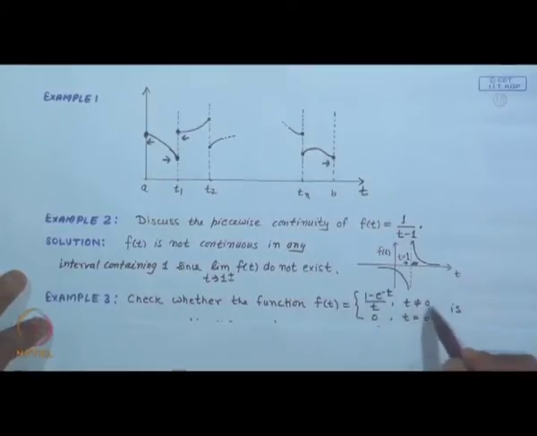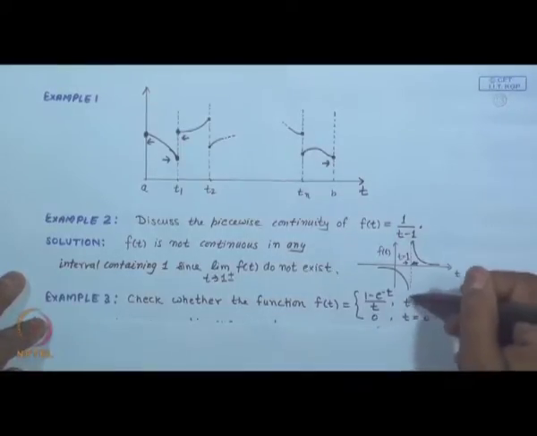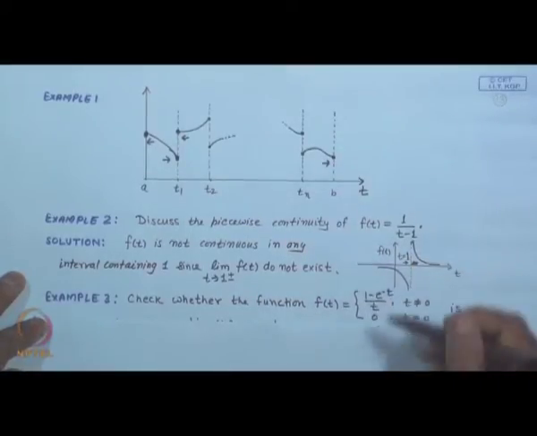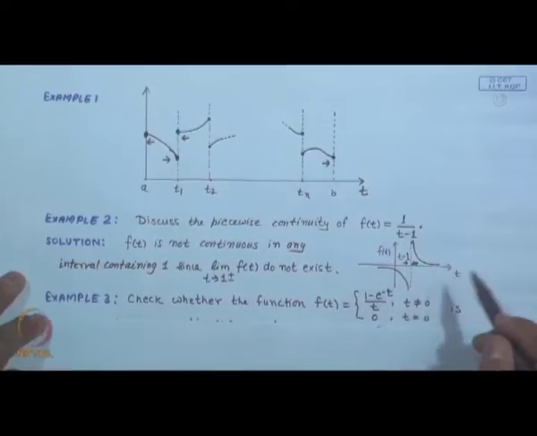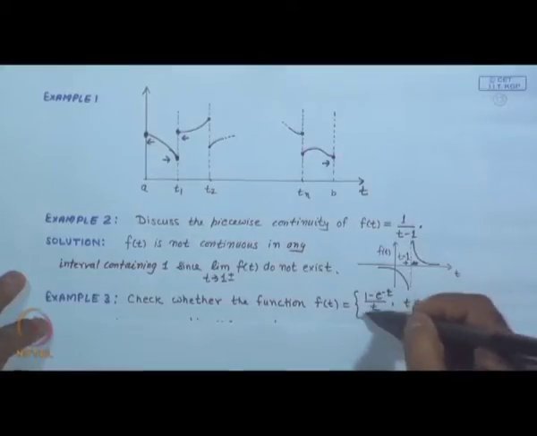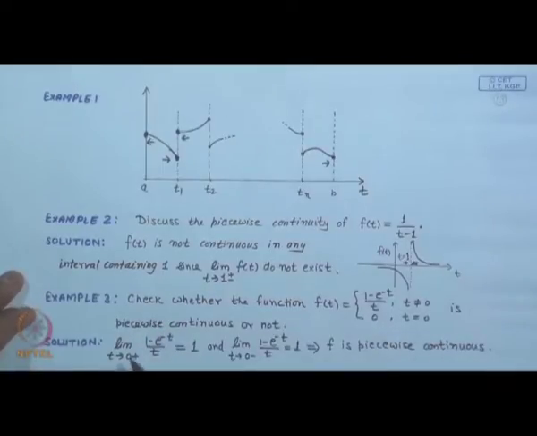Where t is not equal to 0 it's (1 minus e to the minus t) over t, and when t is equal to 0 it's 0. So we have the problem at t equal to 0 only; otherwise this is a nice function, it's continuous, so there is no problem. At t equal to 0, if we take the left limit or the right limit, taking the right limit of (1 minus e to the minus t) over t, we get a 0 by 0 form, so we can apply L'Hopital's rule.